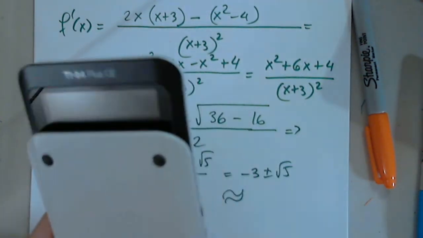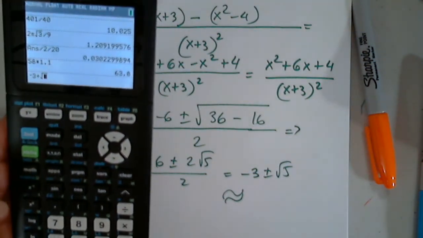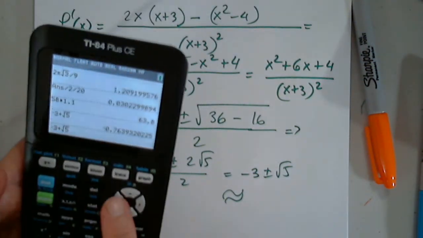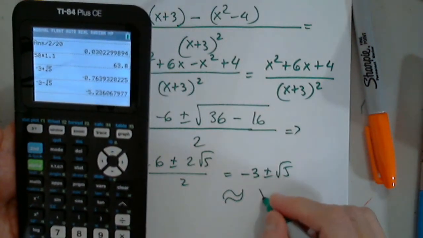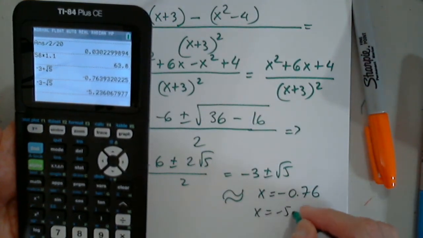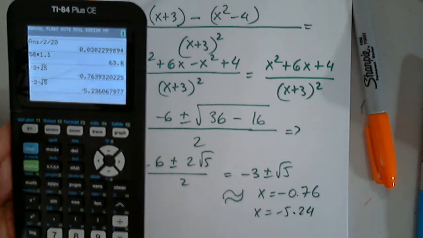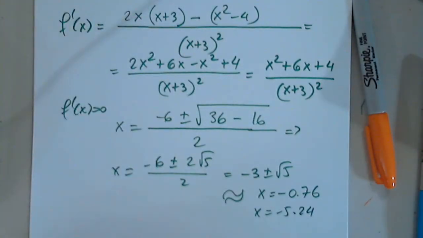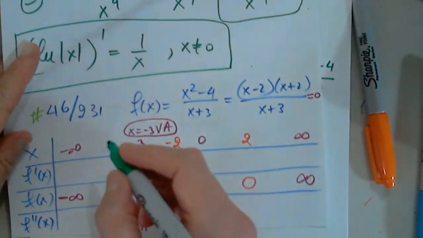And real quick, negative 3 plus the square root of 5, and negative 3 minus the square root of 5. So I got x equals negative 0.76 and x equals negative 5.24. Ugly numbers, but I have no choice. Of course, just to mess up my table.